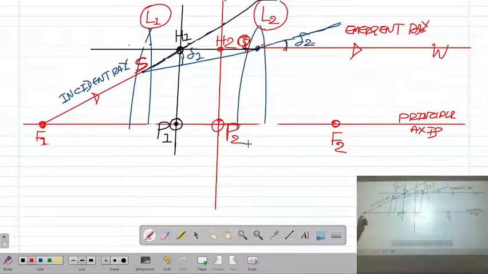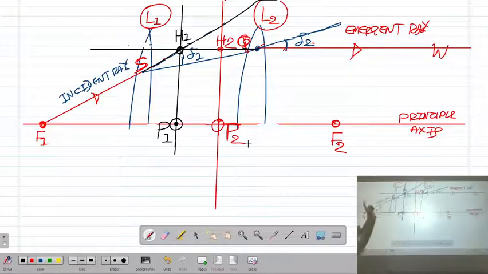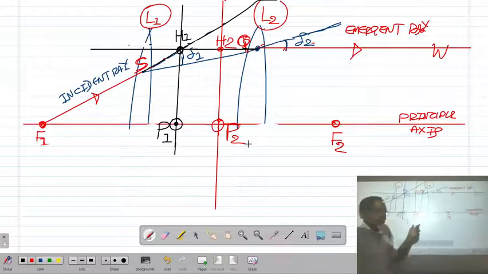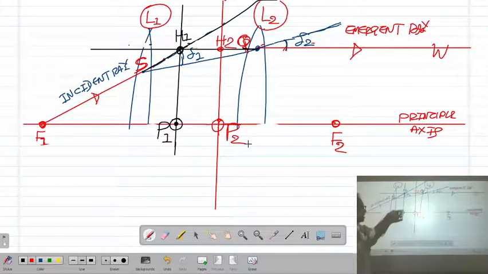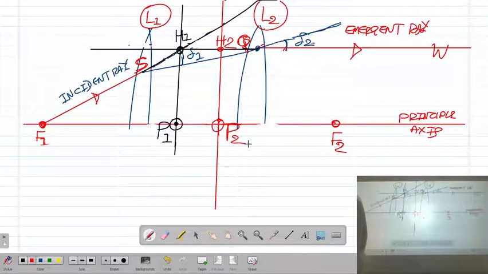The plane passing through the first focal point F1 is called the first focal plane. The plane passing through the second focal point F2 and perpendicular to the axis is called the second focal plane. H1 P1 is called the first principal plane, and P1 is called the first principal point. H2 P2 is called the second principal plane, and P2 is called the second principal point. So this thing we have defined.